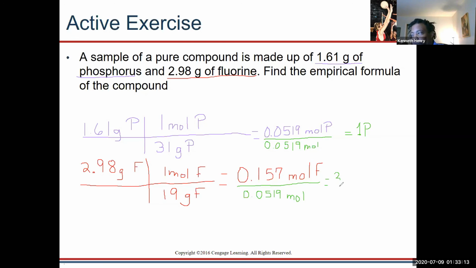So is 3.01 pretty close to 3? Yep. Okay. Piece of cake. So when we write the empirical formula, it'd be PF3. So for every 1 phosphorus, we have 3 fluorine. Piece of cake?